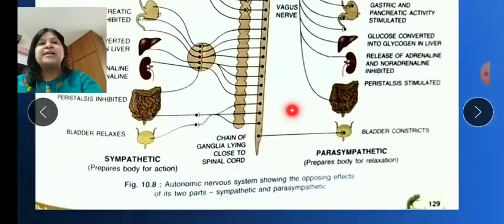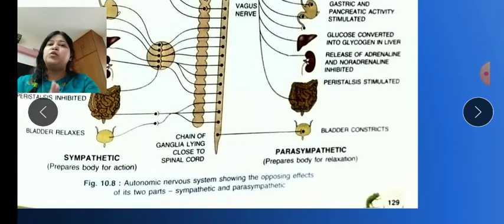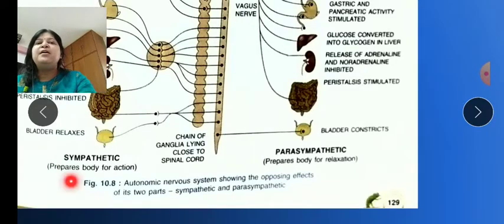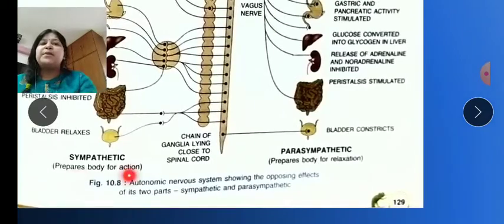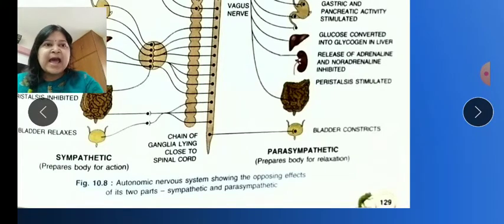This diagram is very good. As you can see, in the autonomic nervous system there are two stages. The first one is sympathetic, in which our body prepares for action, whatever action, okay. For example, if you have done some mistake, or if you have some fear like this, and after that comes a sudden action.